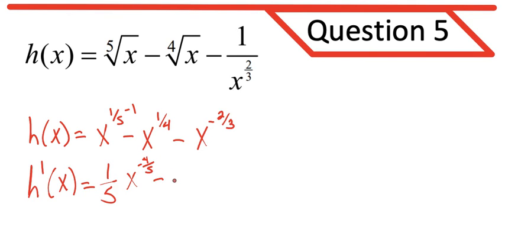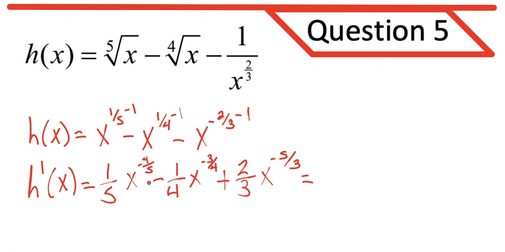Then minus, we're going to multiply 1 over 4. x to the power of 1 over 4 minus 1 is negative 3 over 4. And then for this last one, we multiply negative 1 by negative 2 over 3. That's going to be positive 2 over 3 times x to the power of negative 2 over 3 minus 1, which is negative 5 over 3.